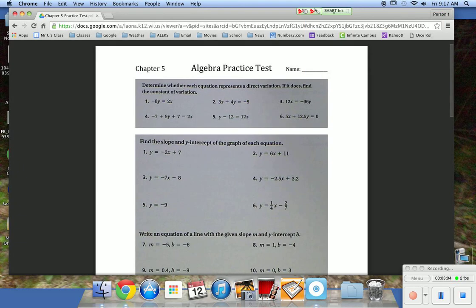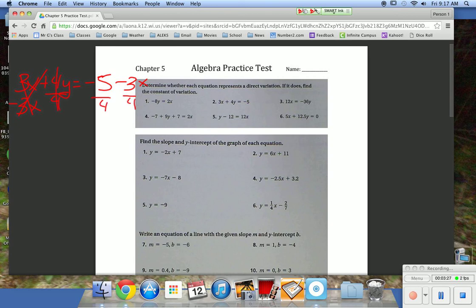Next one, we have 3x plus 4y equals negative 5. We're going to get y by itself. Subtract 3x from both sides. These cancel. We can divide by 4 on both sides.